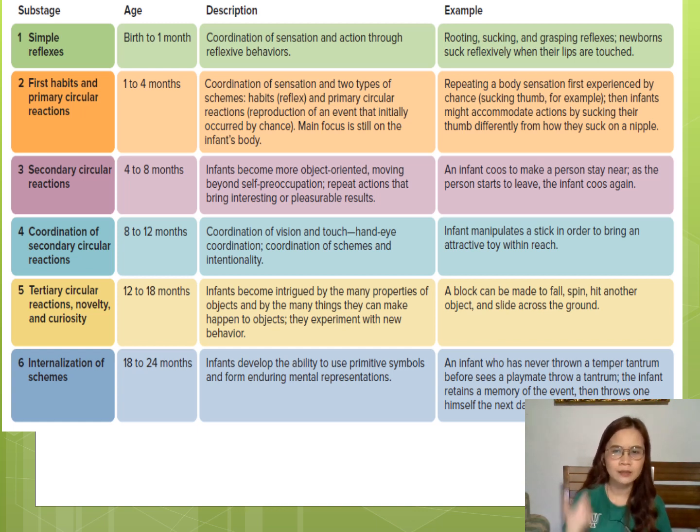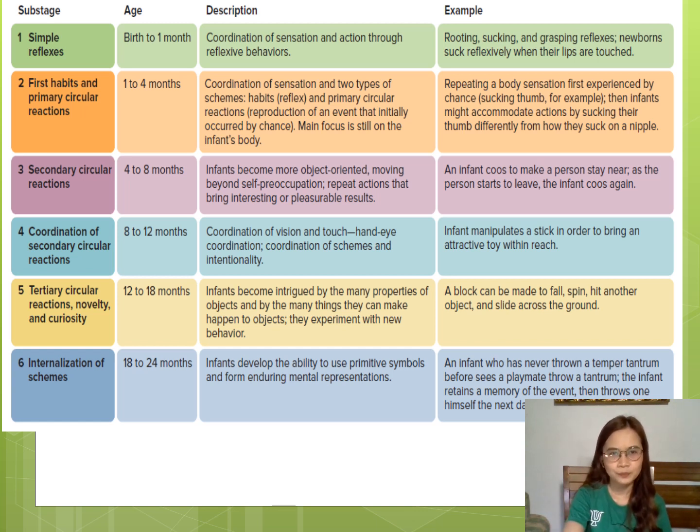Kumbaga, natuklasan niya na kapag pala shinake ko, kapag ginalaw ko, magpo-produce siya ng sound. But of course, hindi niya sinasabi sa sarili niya. Yon ay kusa, sa mind lang.